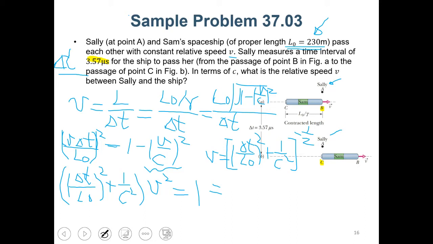And finally, we can write it as L0C over square root of C delta T square plus L0 square. So it's just some algebraic calculation.